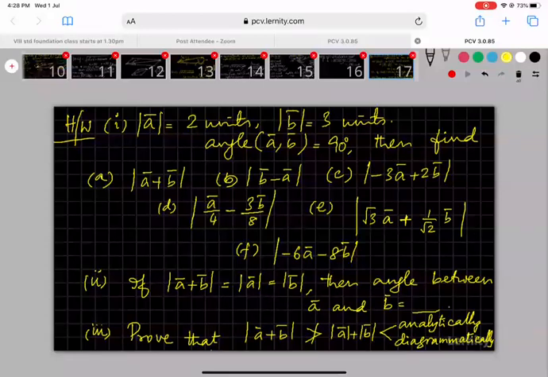Okay, so that is what is called triangle inequality. In lower classes, you might have come across this phrase, triangle inequality. It basically says that no side of a triangle can be more than the sum of the other two sides. As simple as that. It is called triangle inequality.